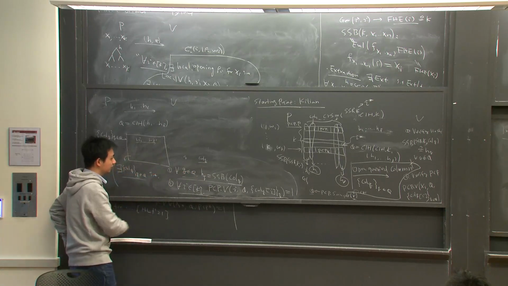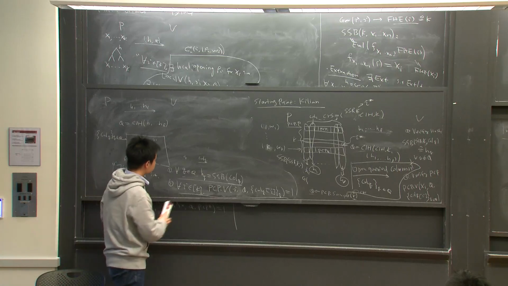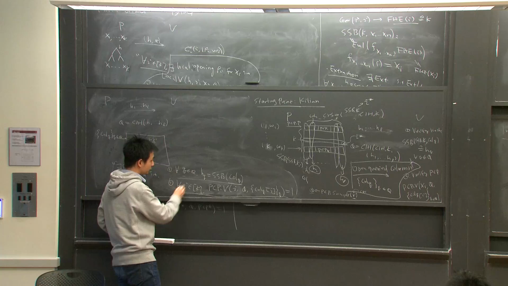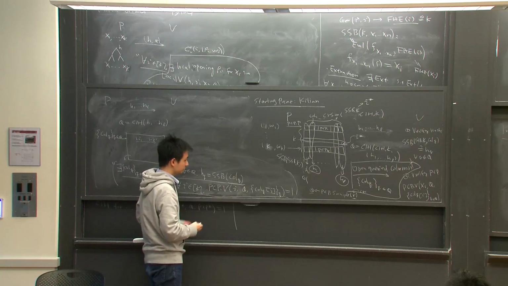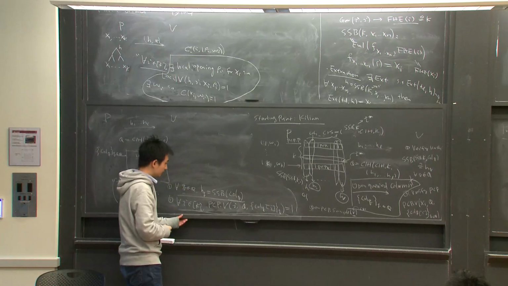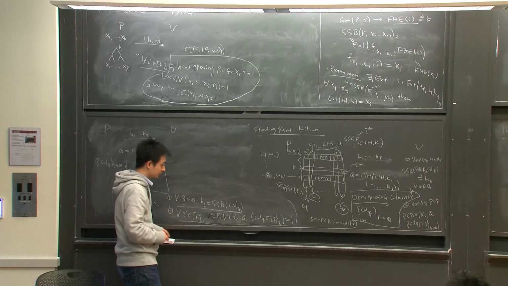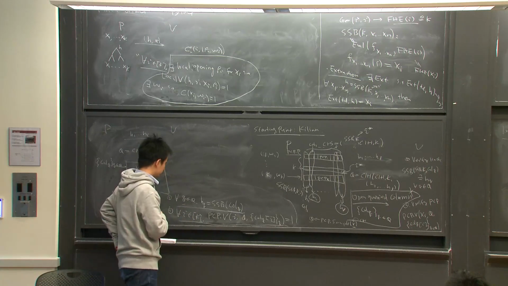We cannot afford that. So next I will rewrite this instance as a batch of statements, where the statement size will be K, but the NP witness will be small. Okay, so how do I rewrite it?